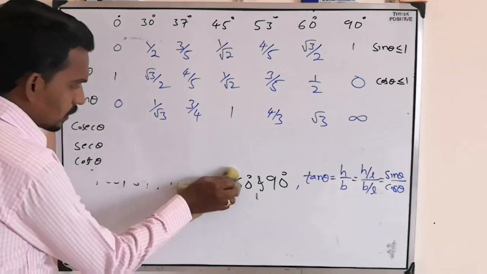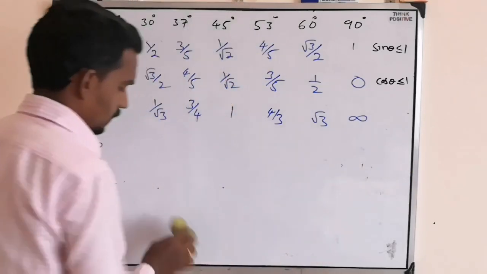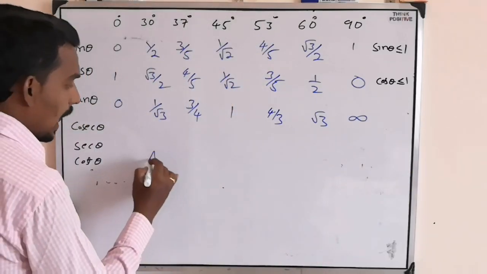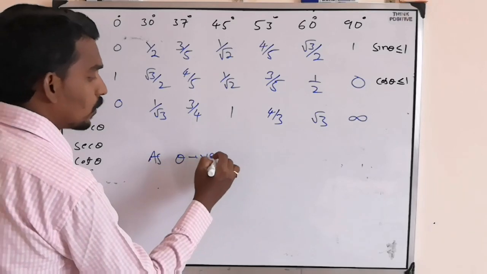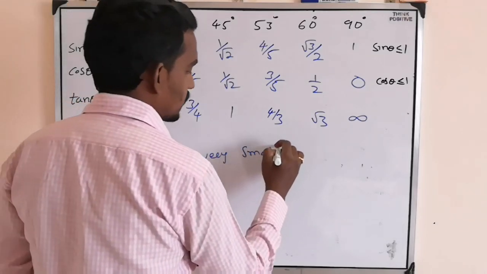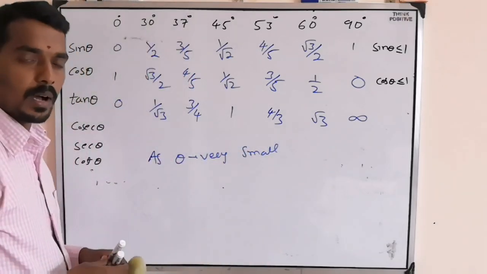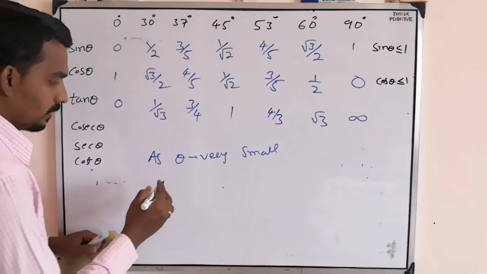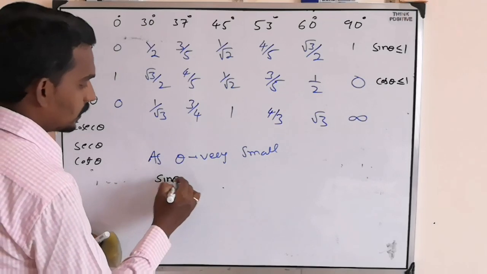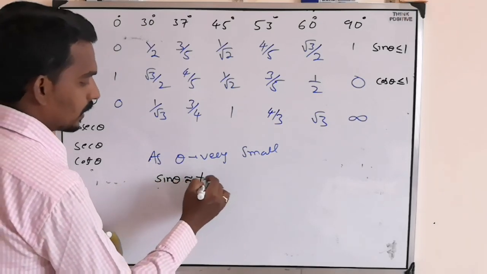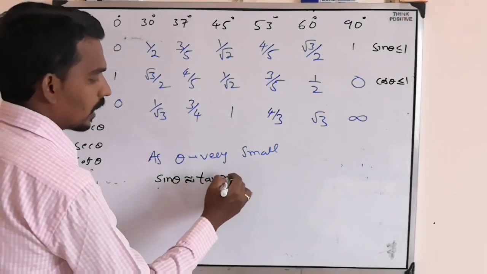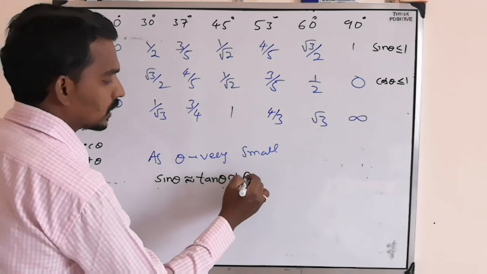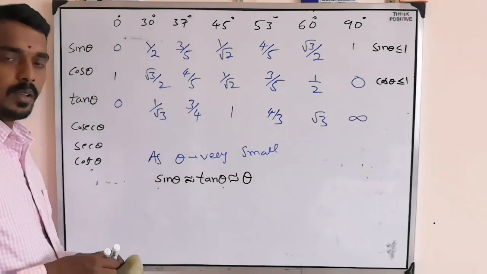Also, one approximation we take in physics is, as theta is very small, sin theta is approximately equal to tan theta, which is approximately equal to theta. Why?